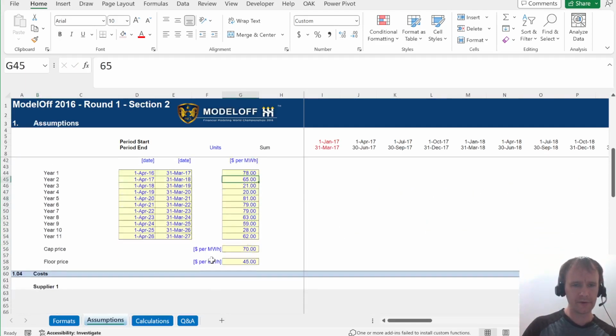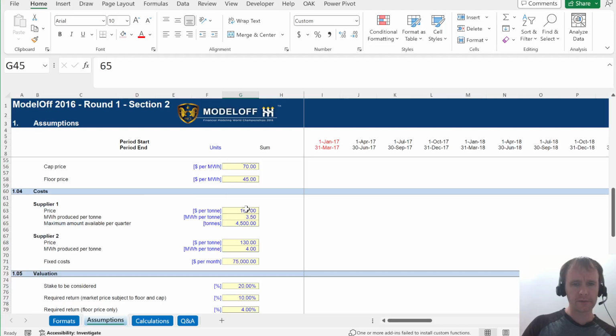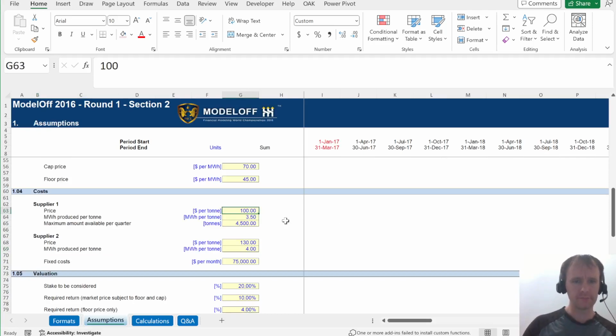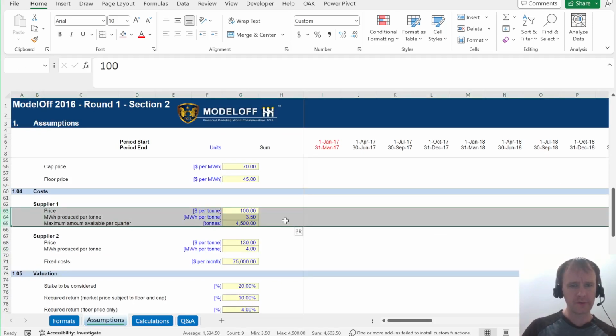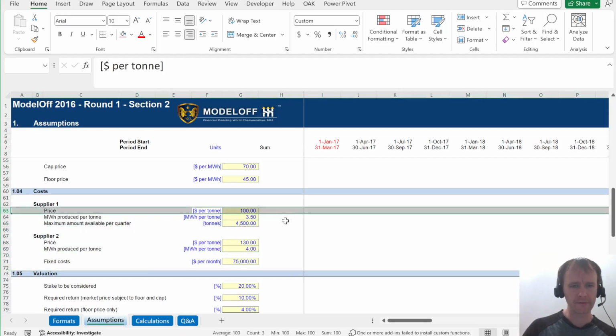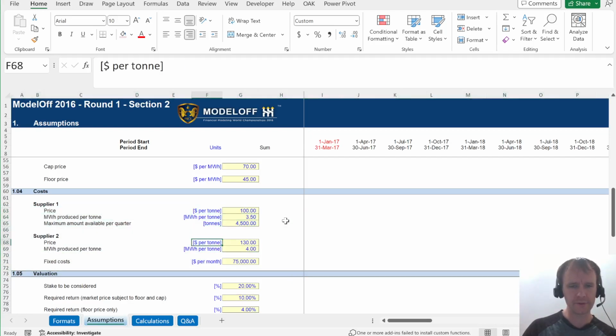Then we're interested in costs based on our suppliers. So let's see, we've got suppliers. So what I'm interested in is the dollars per megawatt hour, because I'm given dollars per ton, but they have a different efficiency, each one.